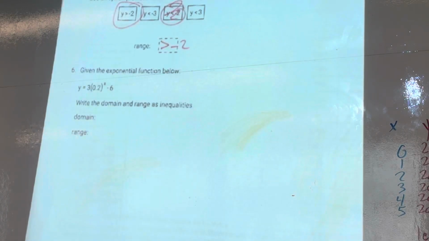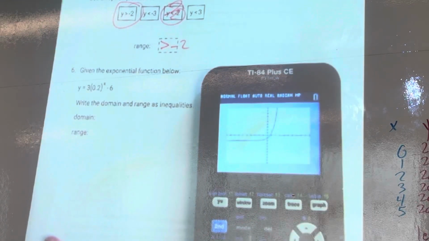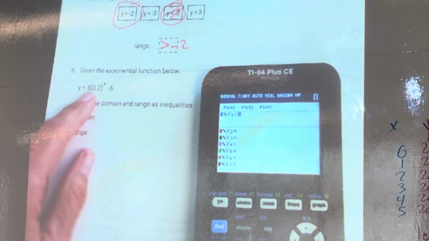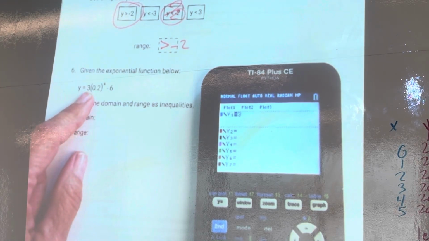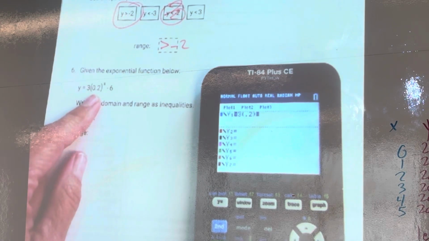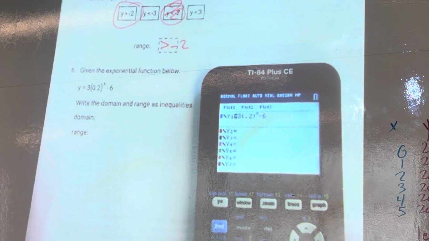And last but not least, this is, we've got the 3. What do you think the 3 is going to do? It's going to change the shape of it, from 0.2 raised to the x and minus 6.